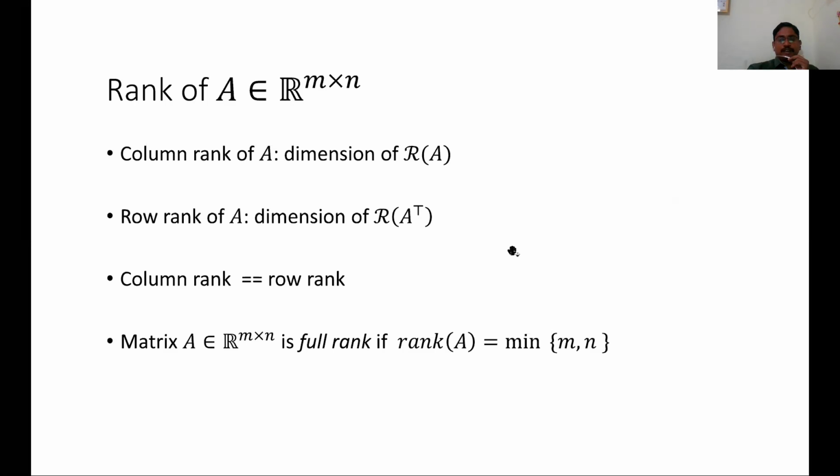Suppose a matrix has rank R; then in terms of the minor definition, there exists a minor of order R in that matrix which is non-zero, and every minor of order R plus 1 becomes 0. Or better to say, the number of linearly independent rows in matrix A, or the number of linearly independent columns, both are the same, and that is called the rank of the matrix.